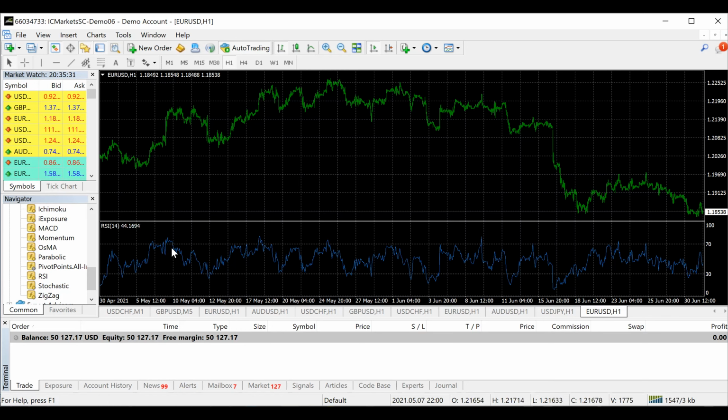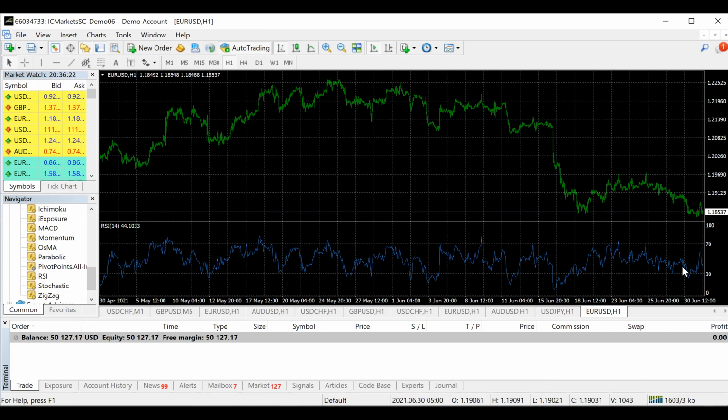Like you see here right now, it moves out a little bit, then comes back in and keeps ranging in between 30 and 70 here. There is not too much oversold or overbought because the market keeps ranging. But when it gets here, it stays out for some time and then ranges here before it comes back down and starts ranging again.